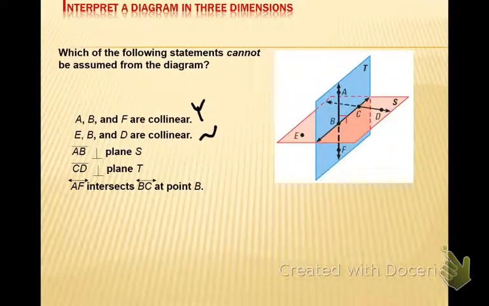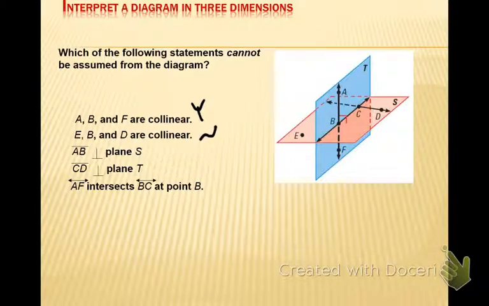Can we assume that segment AB is perpendicular to plane S? Can you see the picture well enough? Okay, Noah, you're shaking your head. Yes. Why? Why can we assume that segment AB is perpendicular to plane S? Yes.